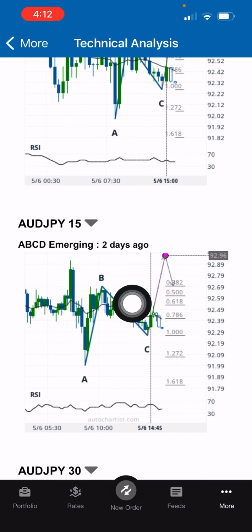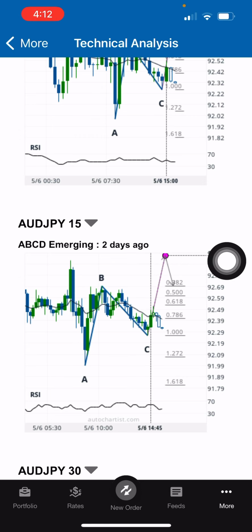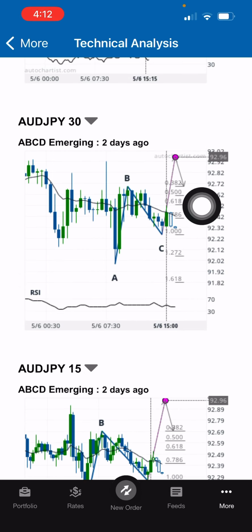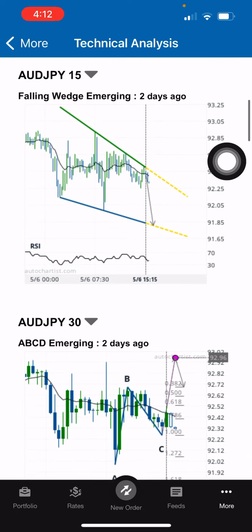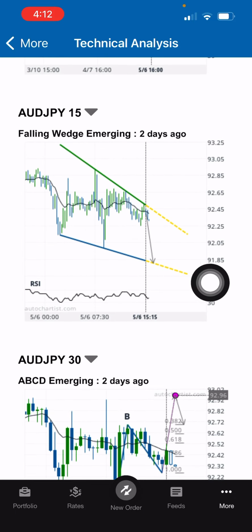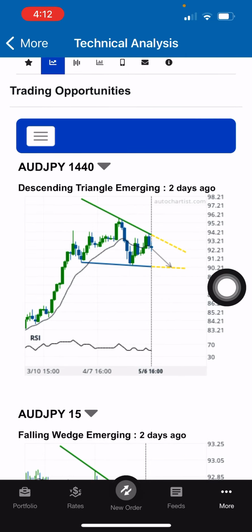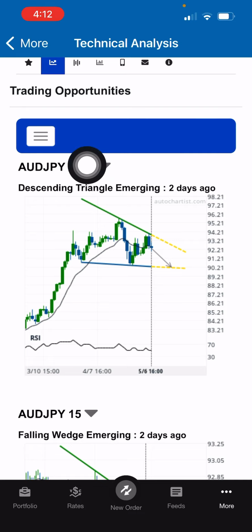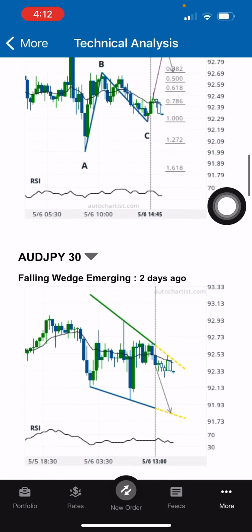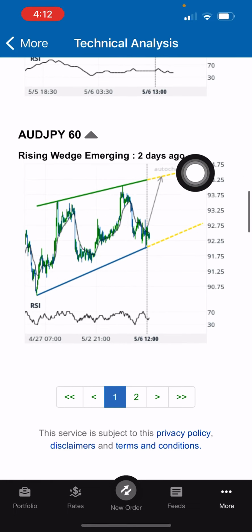This one is an ABCD fib pattern, another ABCD fib pattern on the 30. This one's a simple falling wedge pattern that's emerging, so it hasn't been completed yet. And this is a descending triangle that's emerging on the 1440, which is the 4 hour, 1 day chart. So the more of these you have in one direction, the better.